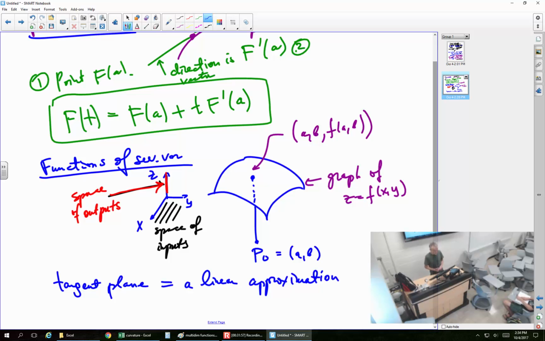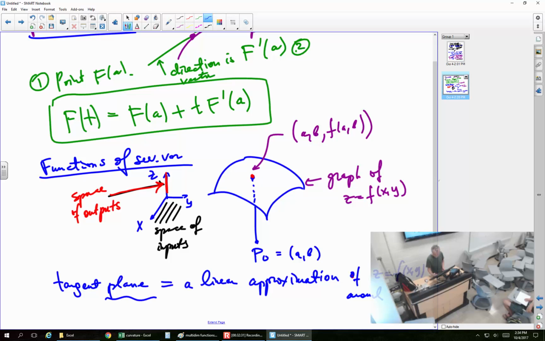Just like our derivative was a substitute for our curve as long as we stay close to that point, here the tangent plane is a substitute for our curved surface.